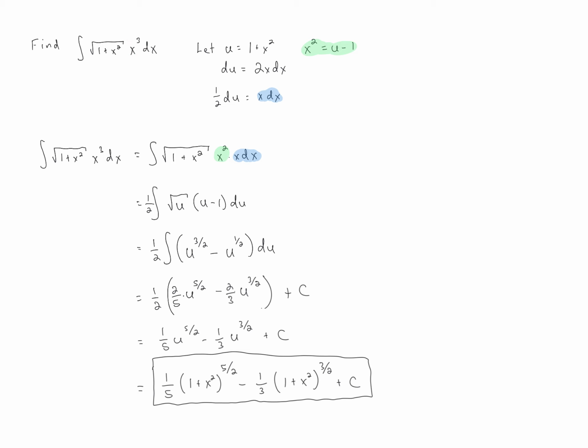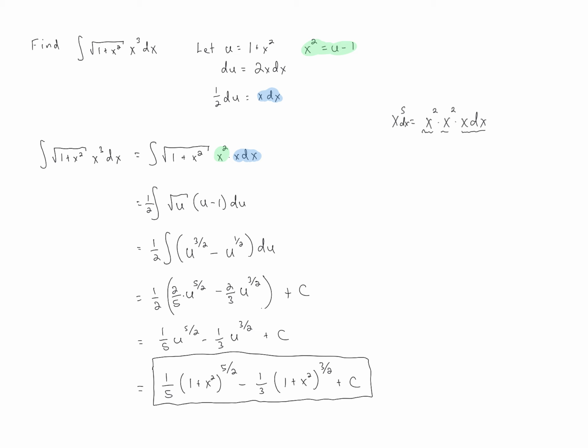It would also work if it was x to the fifth, because if we had x to the fifth, we could write that as x squared times x squared times x dx. I'm going to shove that dx in there. And then we know x squared is u minus 1, and then the other x squared is u minus 1, and then the x dx was 1/2 du.